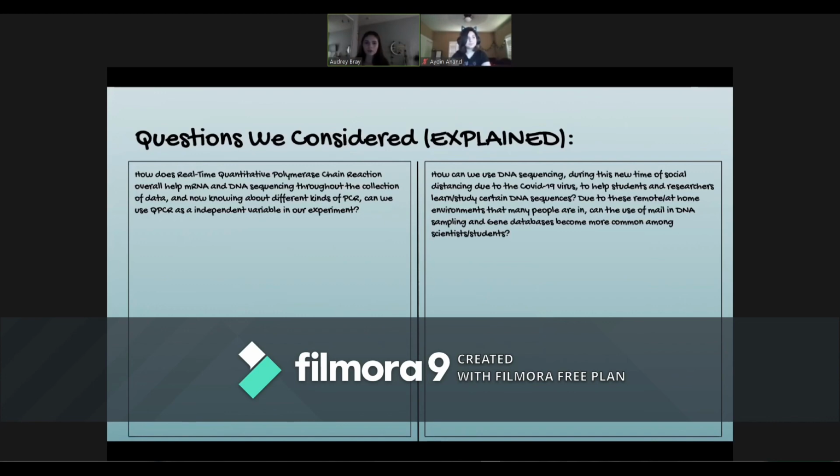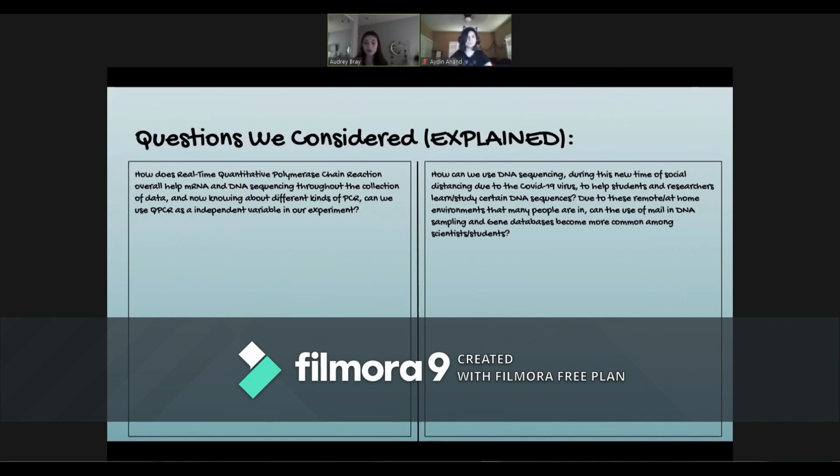And so, the reason why we asked that question is, our questions changed a lot throughout our investigation. I think we changed each of them twice. At first, we were looking at just how DNA sequencing works as a whole. Then we looked more into it, and we looked at all the different types of polymerase chain reactions, and we found qPCR.